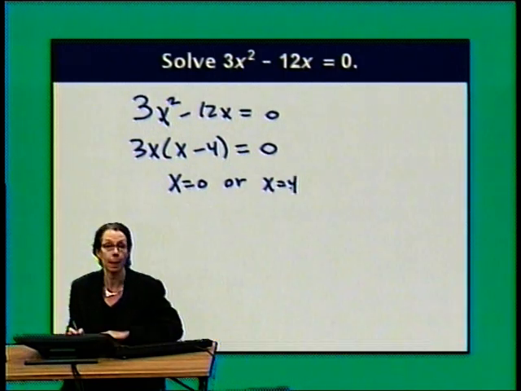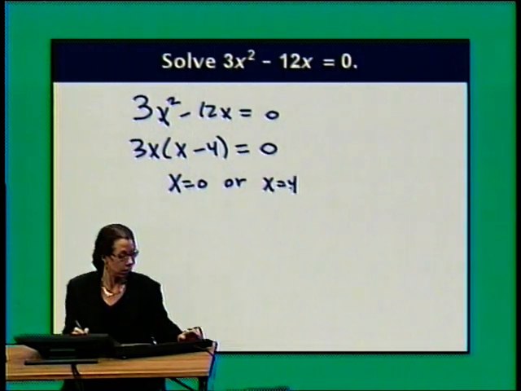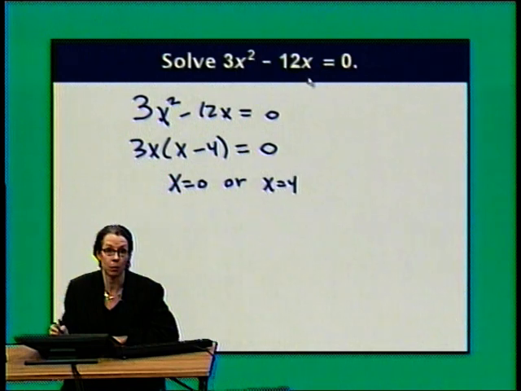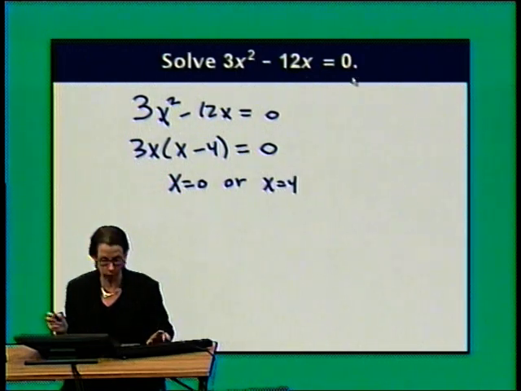4. Let me perform a check. The check for 0 is very easy. 3 times 0 minus 12 times 0, that's 0 minus 0, is 0. Let me check 4.